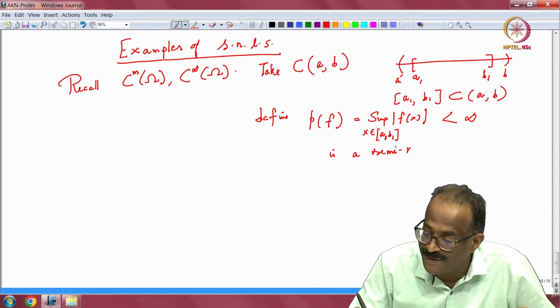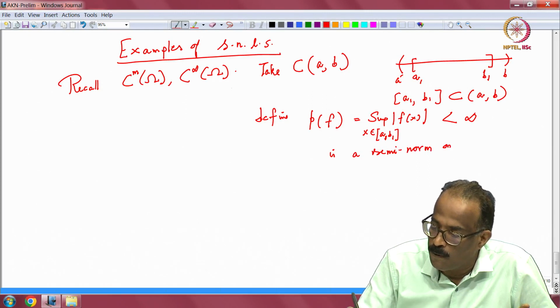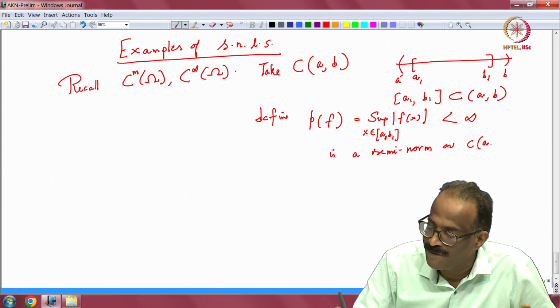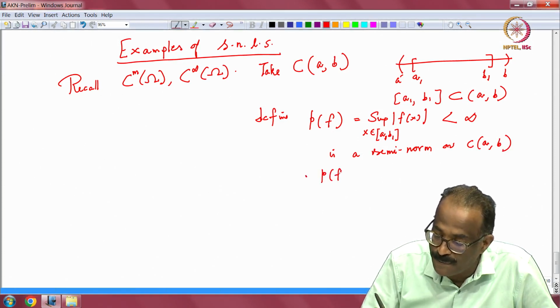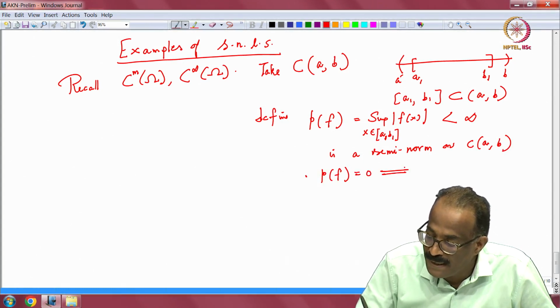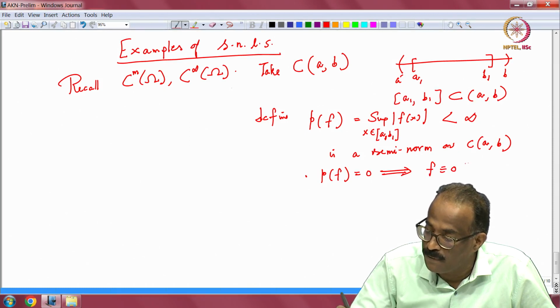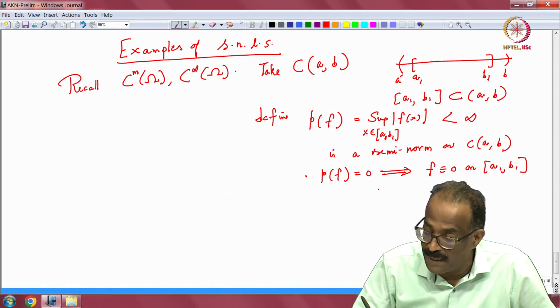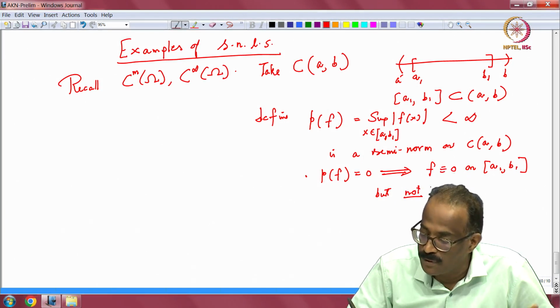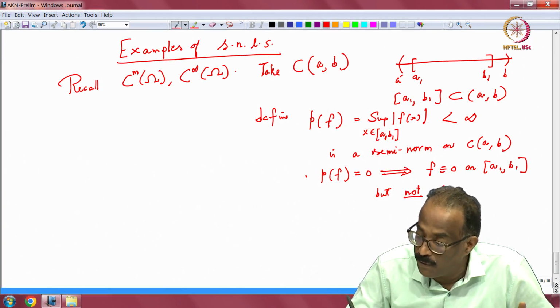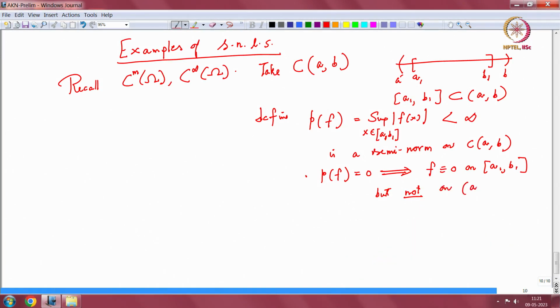The problem is that Pf equal to 0 will only imply f equal to 0, identically 0 on [a1, b1], that is fine, but not on [a, b].